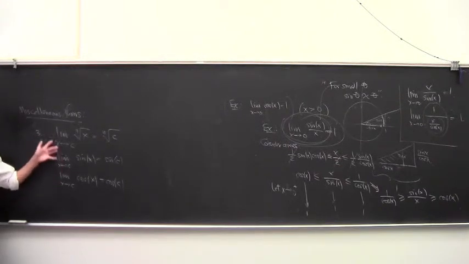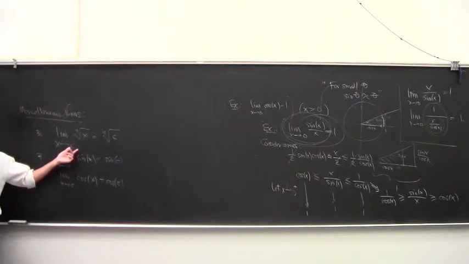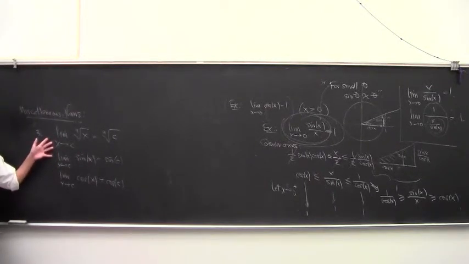We asked earlier, what kind of functions is it okay to just plug in the value to figure out the limit? Well, here are a few functions for which that's possible.